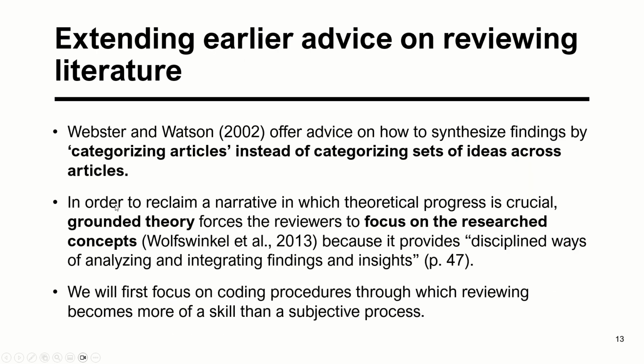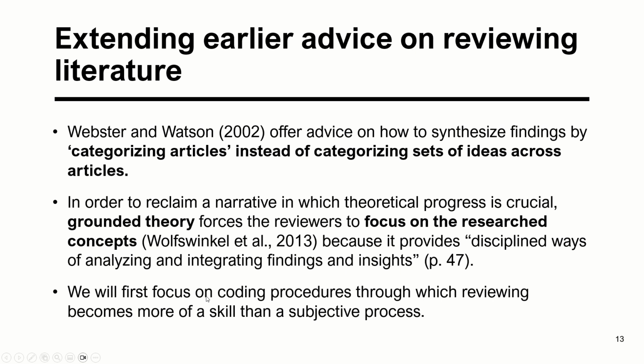Now, in order to reclaim a narrative in which theoretical progress is very crucial, grounded theory is one such thing which comes to your rescue. It forces the reviewers to focus on the researched concepts because that gives you a very disciplined way of approaching the findings, analyzing them, integrating them, and deriving insights out of them. So grounded theory comes really handy in the entire process.